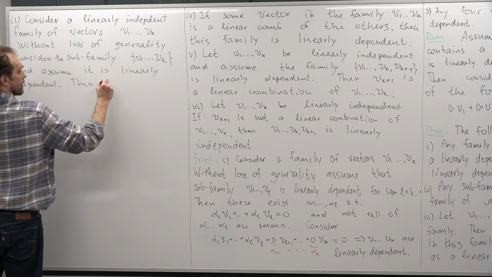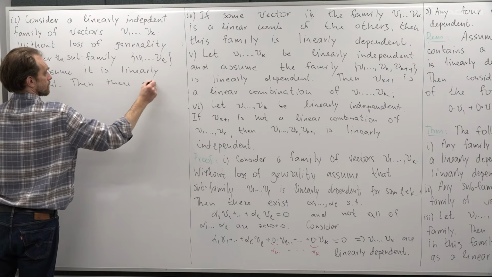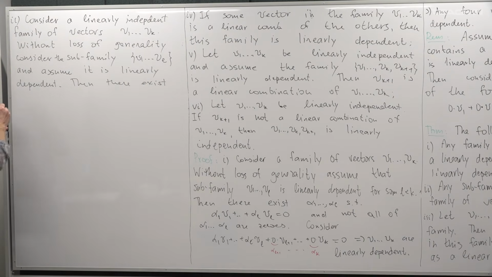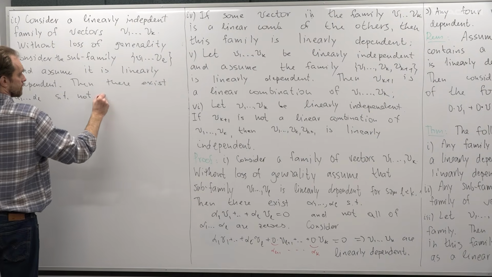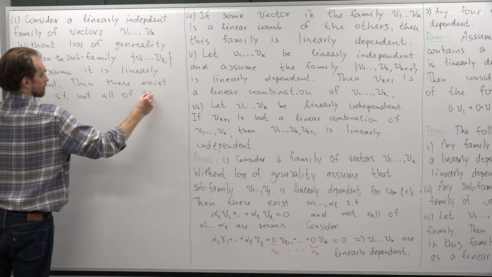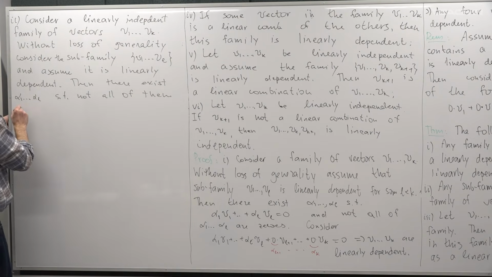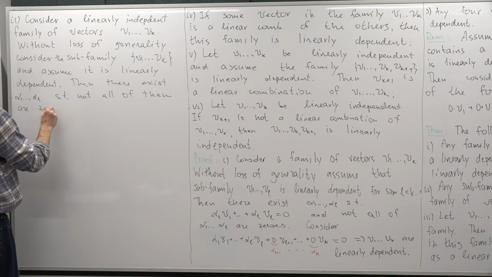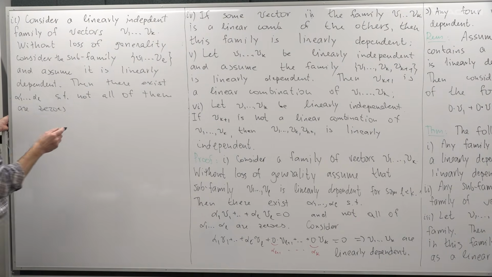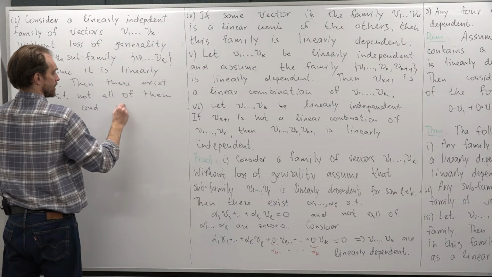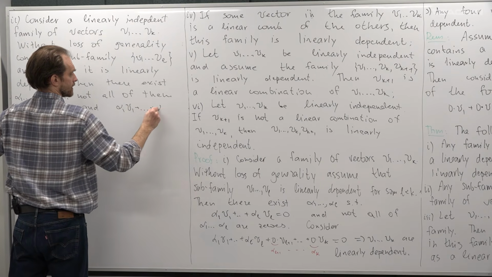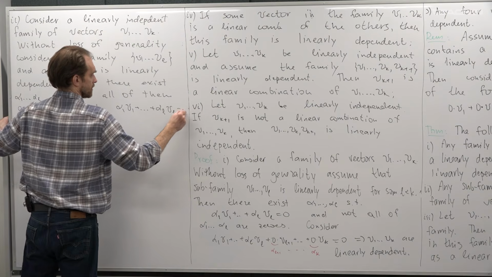Then there exist alpha 1, etc., alpha l, such that not all of them are zeros, and alpha 1 times v1 plus etc. plus alpha l times vl equals 0.